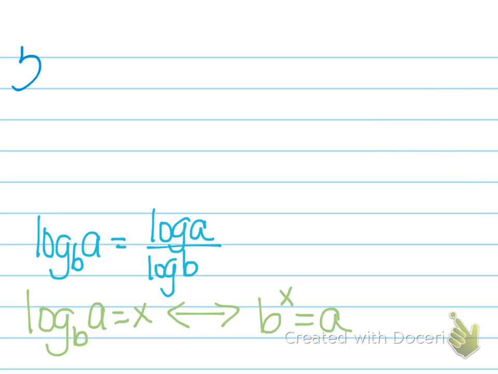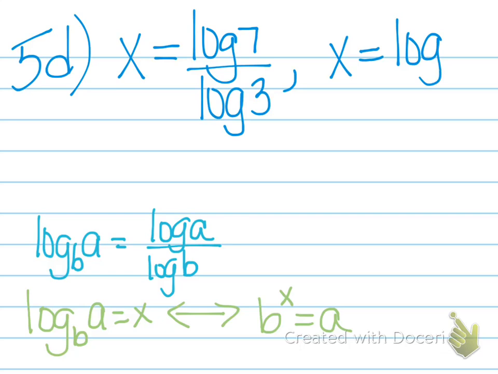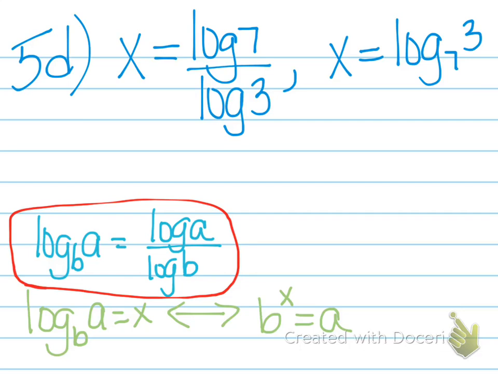Last one, 5D. Okay, so now they're showing us change of base. If log 7 divided by log 3, then they're saying that this would equal x equals log base 7 of 3. So let's go to our rule here, change of base here in blue. And this says log base b of a is equal to log a over log b.